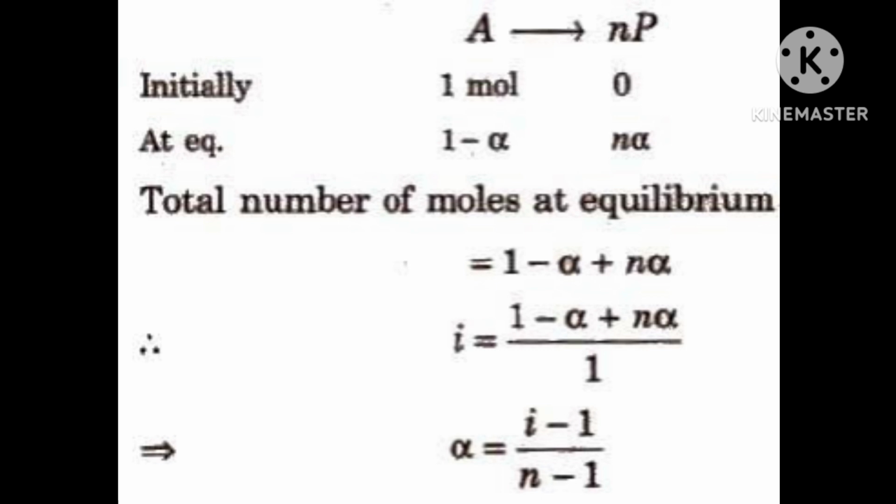After putting all these values, 4.9 into 2 into 1000 divided by 25 into 1.62, and after solving, you will get 241.98 gram per mole.